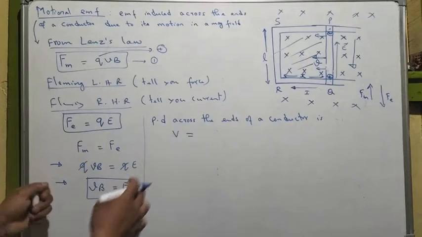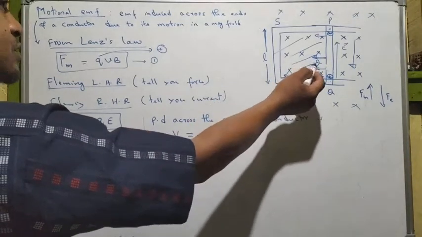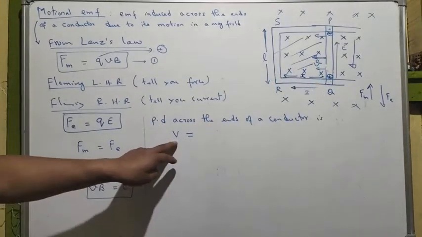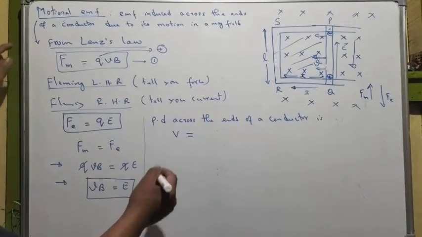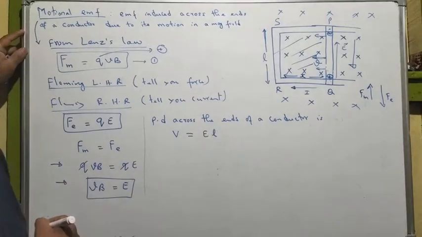Here I have denoted the velocity of the motion of the conductor as small v, but for the potential difference I'll write capital V. And this V, which is the potential difference, is equal to EL.